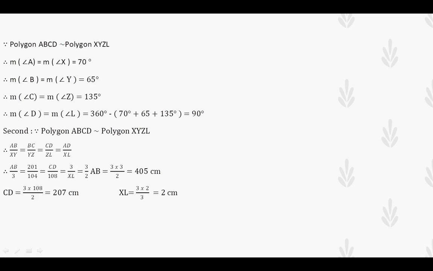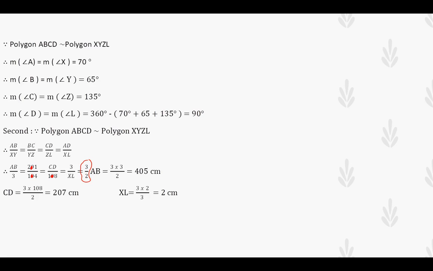AB over 3 equals BC over YZ, which is 2.1 over 1.4, equals CD over 1.8, equals 3 over XL. If we simplify the ratio 2.1 over 1.4, we get the ratio 3 over 2. How will we find the length of each side?